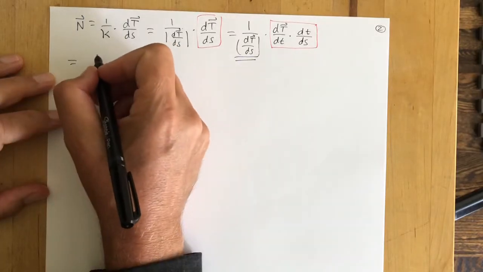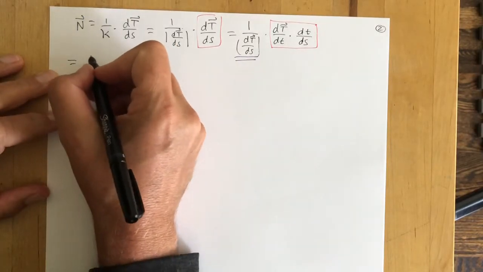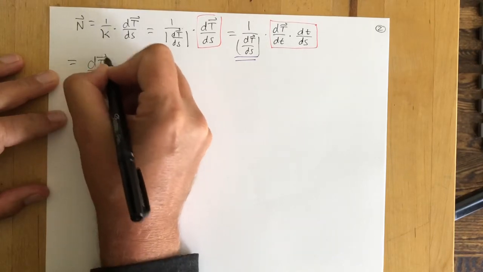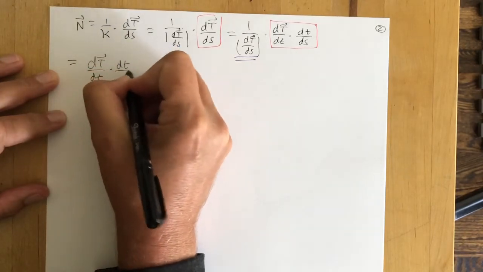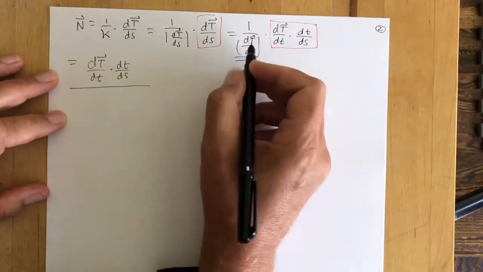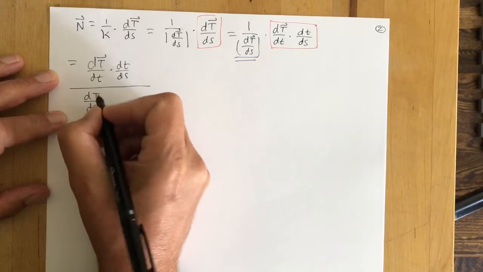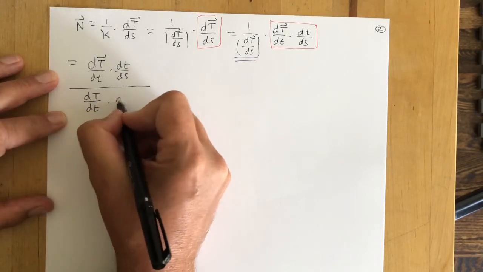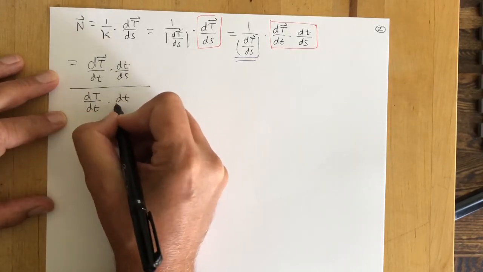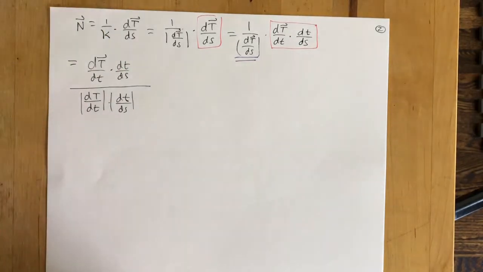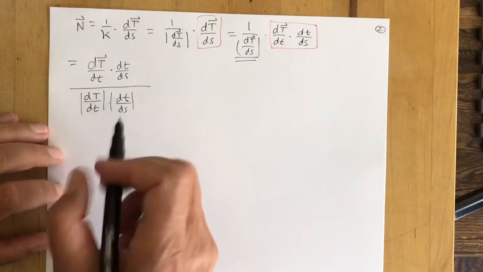So it's kind of a mess. So, okay. So now we have, rewriting the top, we have dT/dt times dt/ds all over this guy, which is the norm of dT/dt times dt/ds, like this. Okay. So I've just done, oh, that's a vector.